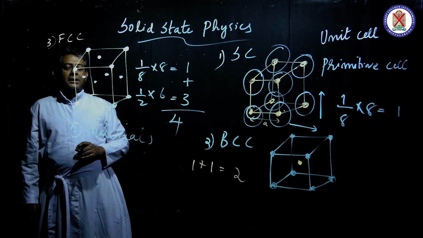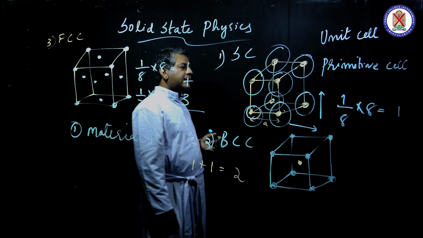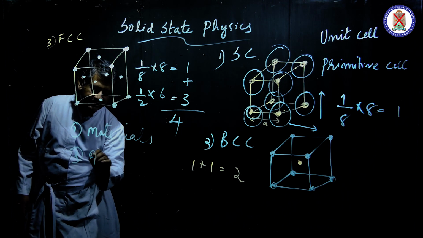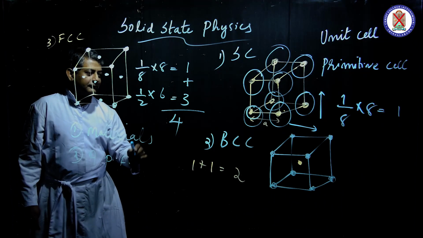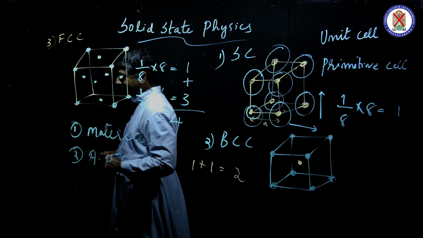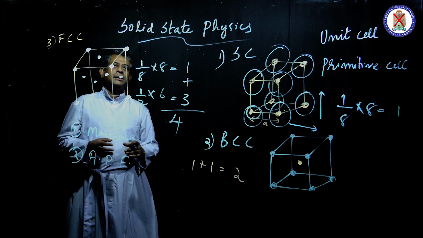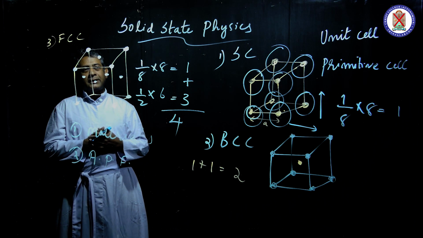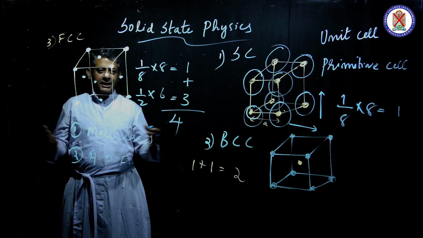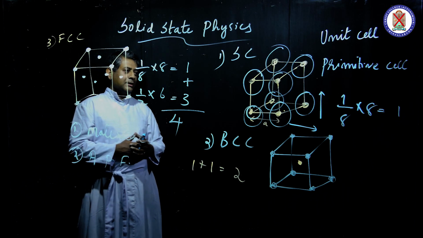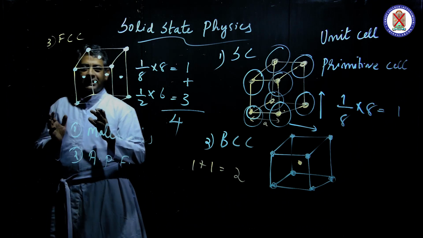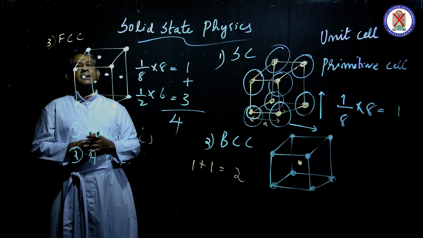In the second case, you just read about and find out what is meant by atomic packing fraction, APF. I say atomic packing fraction is the volume that has been occupied by the atoms inside a cube divided by the entire volume of the cube.